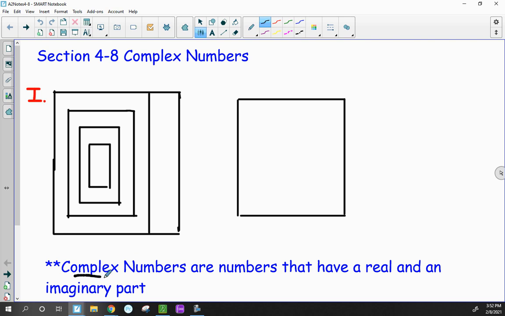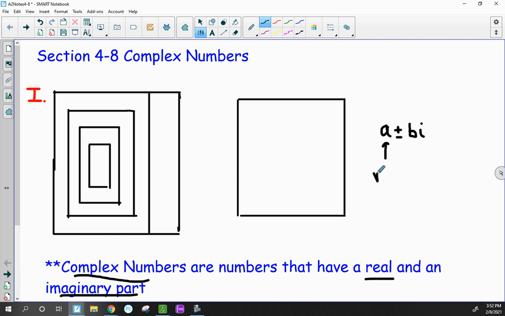Complex numbers are numbers that have a real part and also an imaginary part. When you see the word complex, it means they're written in the form a plus or minus bi. The a part is the real part.